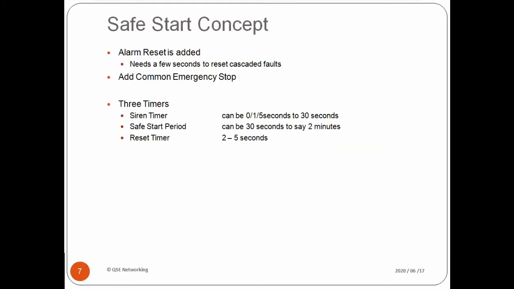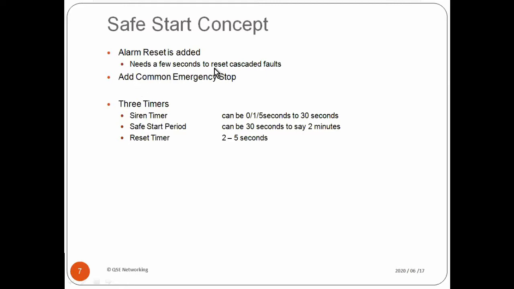All right. So one concept which we're going to add to this, remember we spoke about groups and the navigation buttons. We're going to make a functionality that if something in the area has got a fault, they can press a reset button, or they can right click on the button, and it will reset all the faults in that group. So we will add an alarm reset feature to our group.